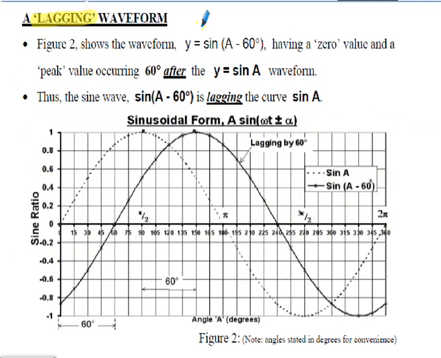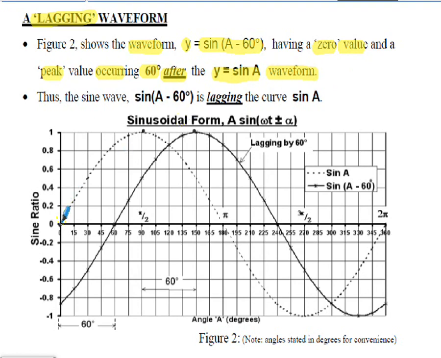A lagging waveform. Figure 2 below shows a waveform y is equal to sine A take away 60 degrees, having a 0 value and a peak value occurring 60 degrees after the y is equal to sine A basic waveform.